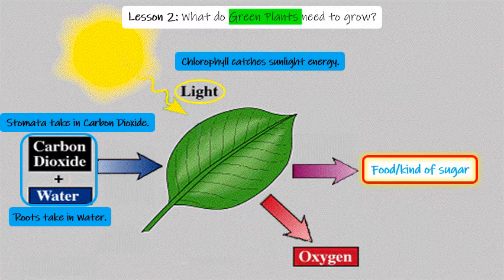So plants use chlorophyll to catch sunlight. It uses stomata to take in carbon dioxide. It uses its roots to take in water. Then it mixes all of the components together to cook a kind of sugar in the leaves. The leaves are the kitchens.